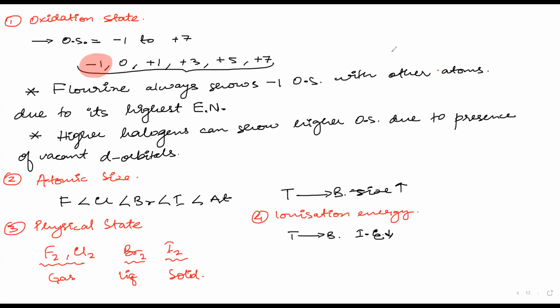In the lower periods, lower in the group, the size increases and ionization energy decreases. So fluorine will have the highest, then chlorine, bromine, then iodine. Most of the time, we will be just looking at these four: fluorine, chlorine, bromine, and iodine.